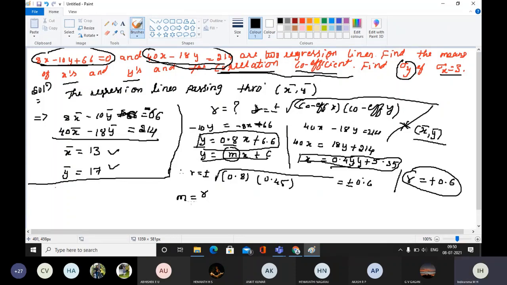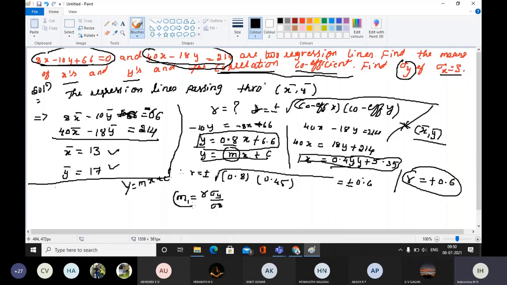In the first problem of today's class, m1 is equal to r into sigma y by sigma x. This is the formula we are using.